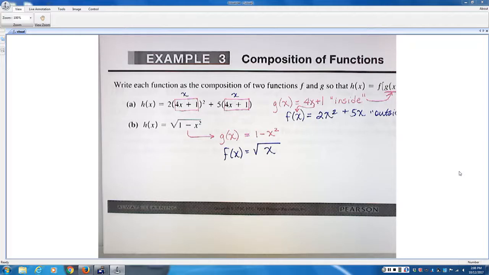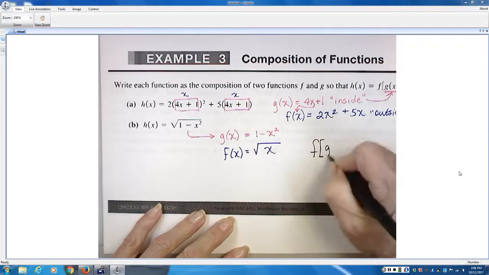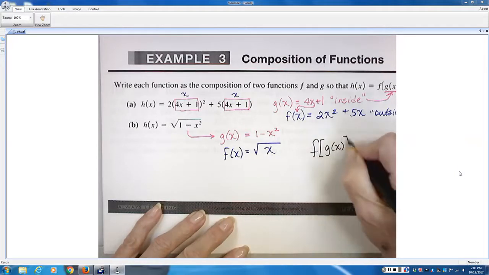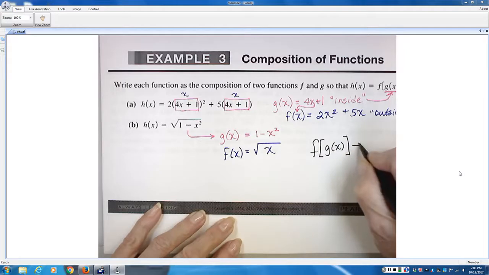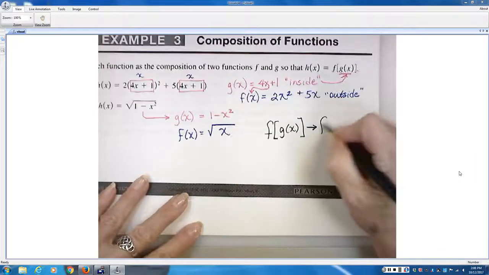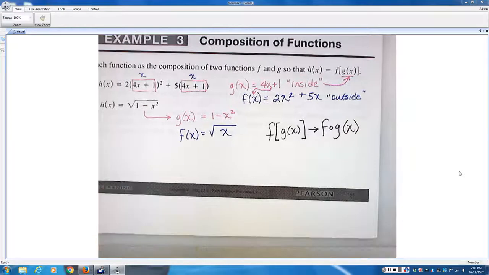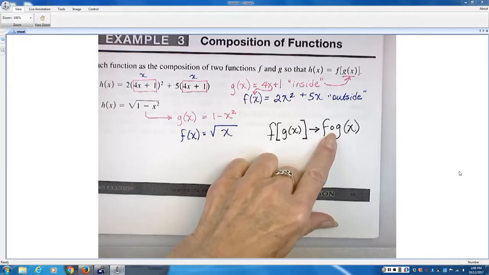Now the notation sometimes the book uses, just so that you don't get confused, this f of g of x, they will oftentimes write this, and I don't like it, but they do it. They write it that way. I hate that notation because it always makes me think I'm supposed to be multiplying something, and you're not.